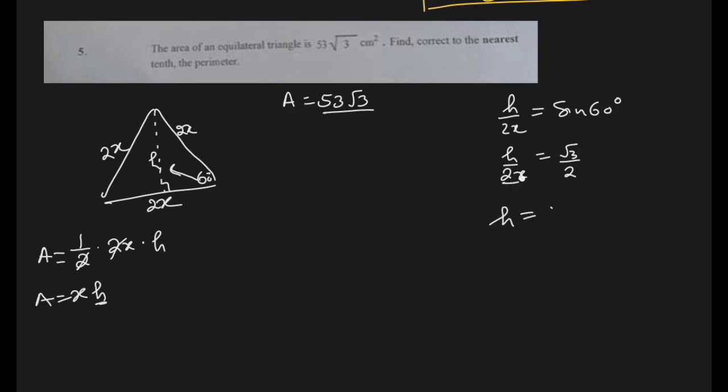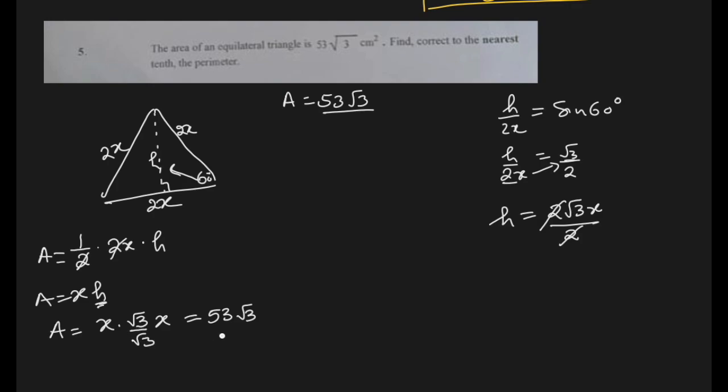So it will become 2 times square root 3 x cross multiply over 2. So this cancels. h is square root 3x, which we can substitute here. So area is x times square root 3x, right? And it is equal to 53 square root 3.